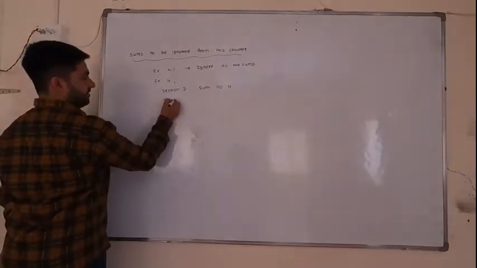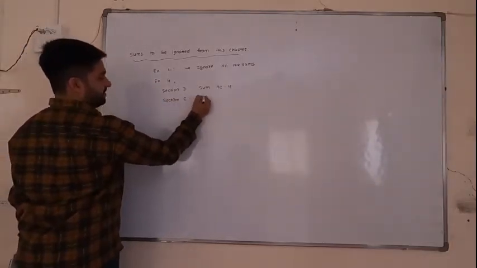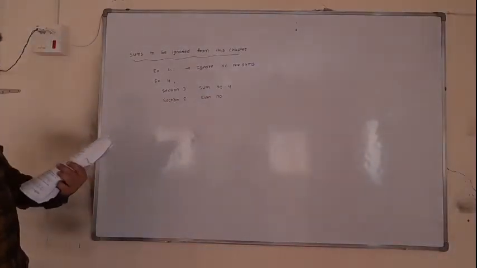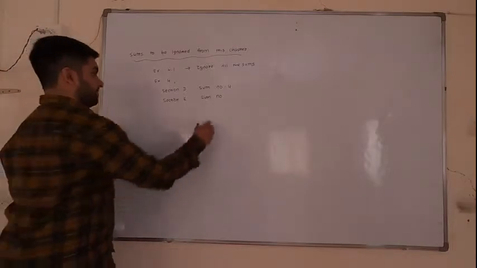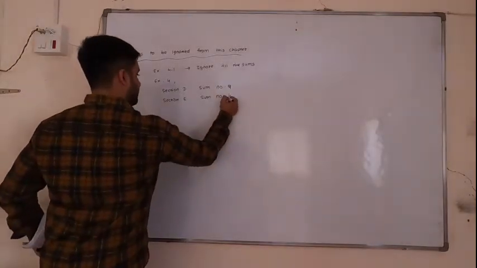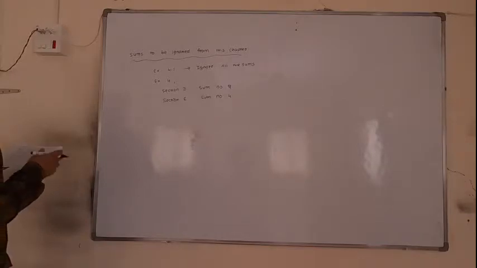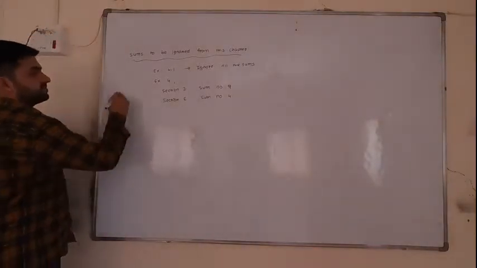Then section E, sum number 4. This is 9, this is 4. Okay, so these are the sums to be ignored.